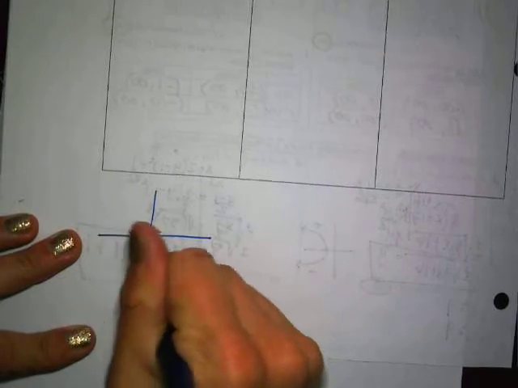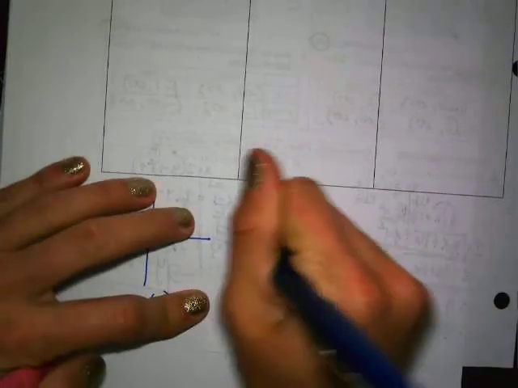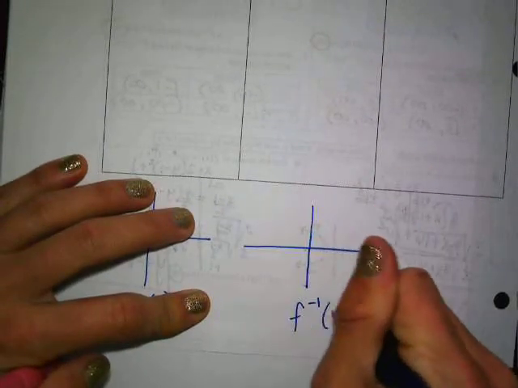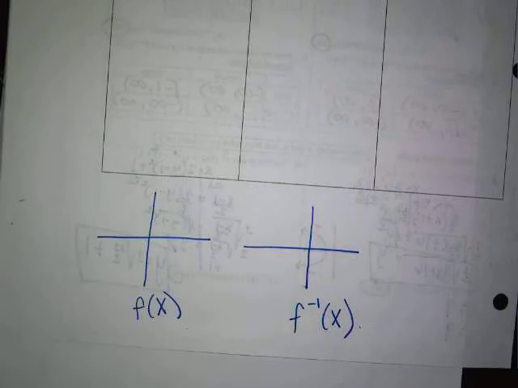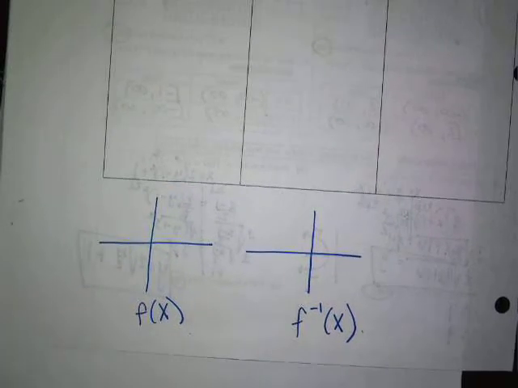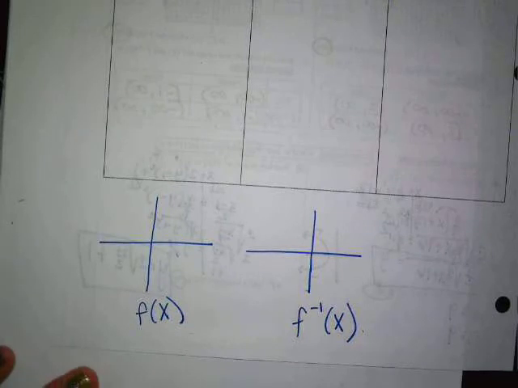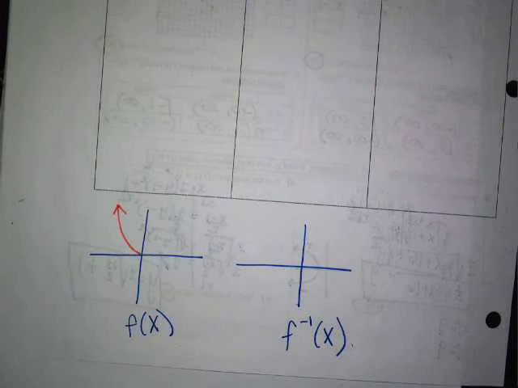All right, so here is f. This is the inverse. Can you draw this? All right, so just like you have a plus minus sign, you have two parts of this graph. This part is going to be the negative side because it's the negative x's.